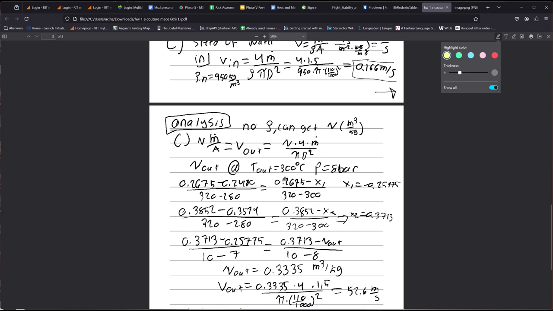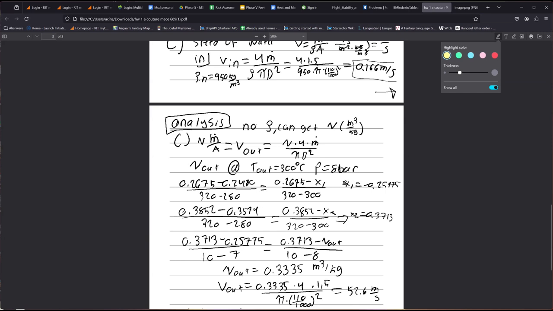So I calculated the outlet specific volume by doing linear interpolation on the steam tables at a higher and lower pressure, in this case 7 and 10 bar.